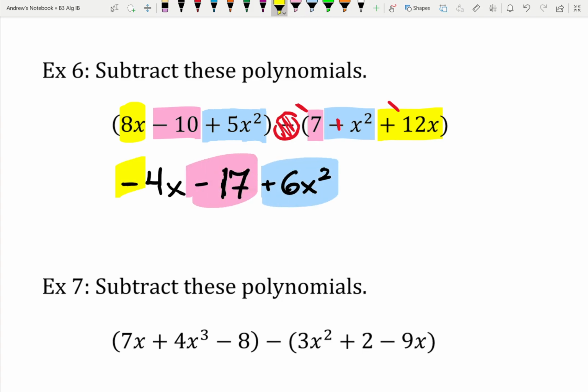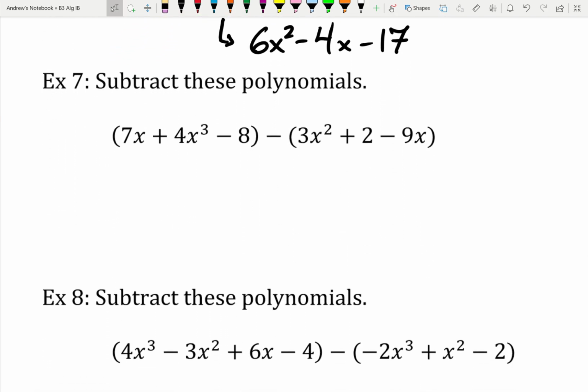Again, nothing too different than what we were doing on the last one. It's just a matter of being careful with that minus. After that, everything is the same. Writing it in standard form, I have 6x squared minus 4x minus 17. I would put that biggest power in front and then go down from there. All right, cool.